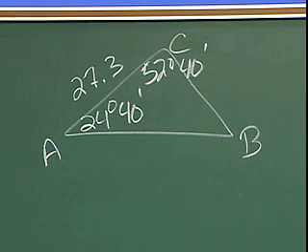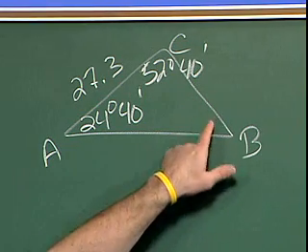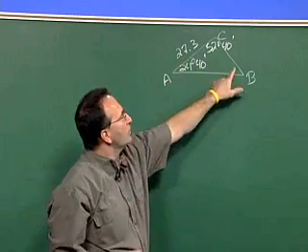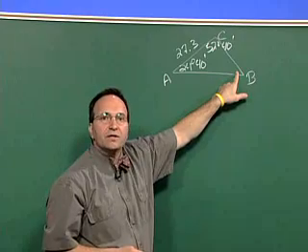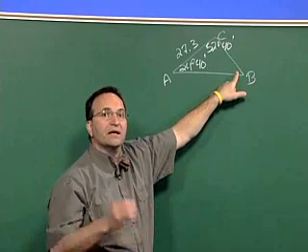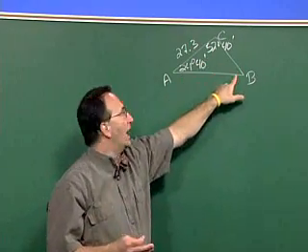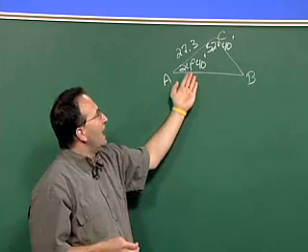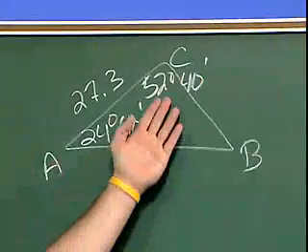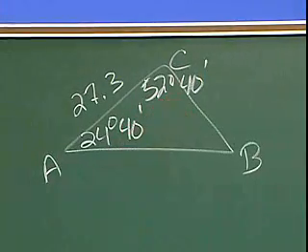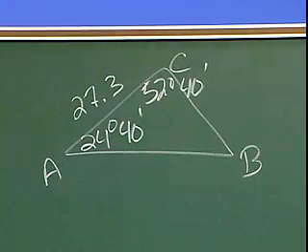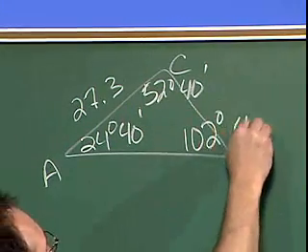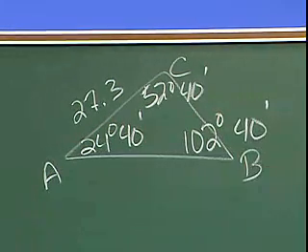So the first thing we probably want to do here would be to find angle B. How do I know that? Well, I have side B, which is always an indication that it would be good to know what angle B is, because then you can use law of sines to find another side. So angle B, we just have to add up 24 degrees 40 minutes plus 52 degrees 40 minutes, subtract it from 180, and we'd find that angle B is 102 degrees and 40 minutes.